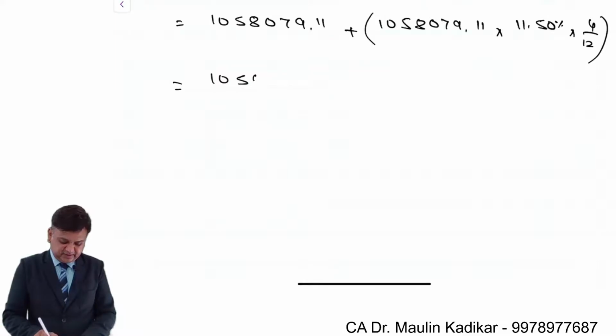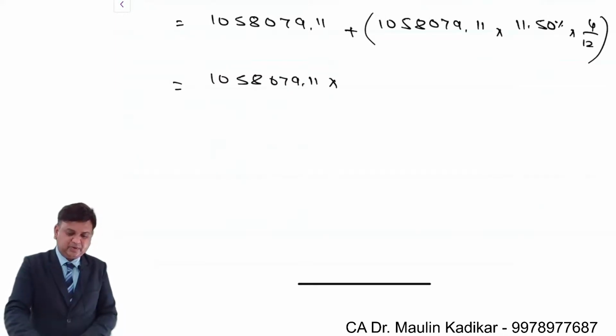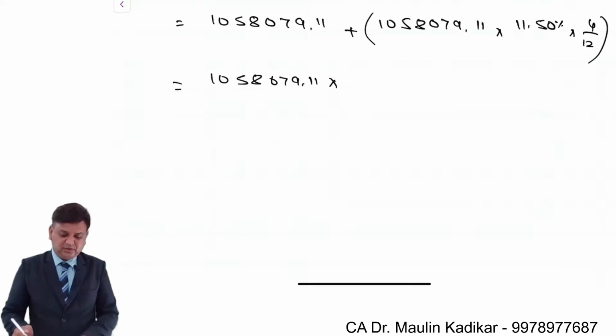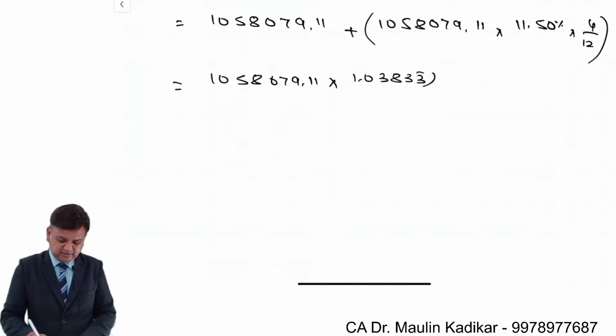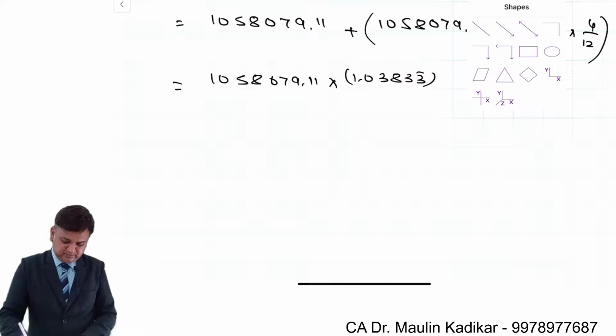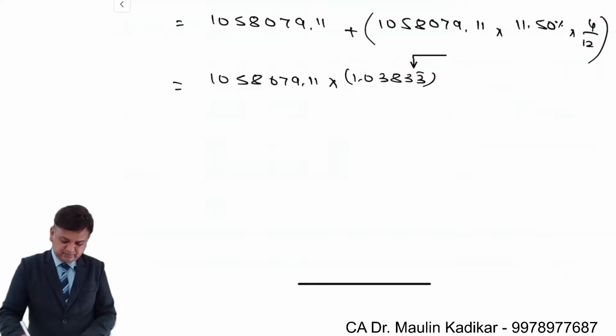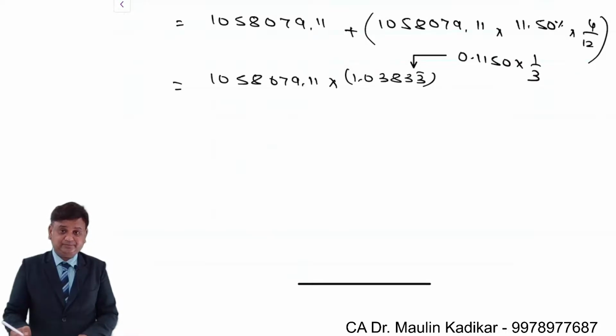So 1058,079.11 into 0.115 into 4 divided by 12. So it is 1.038333, that is 0.1150 into 1 by 3.